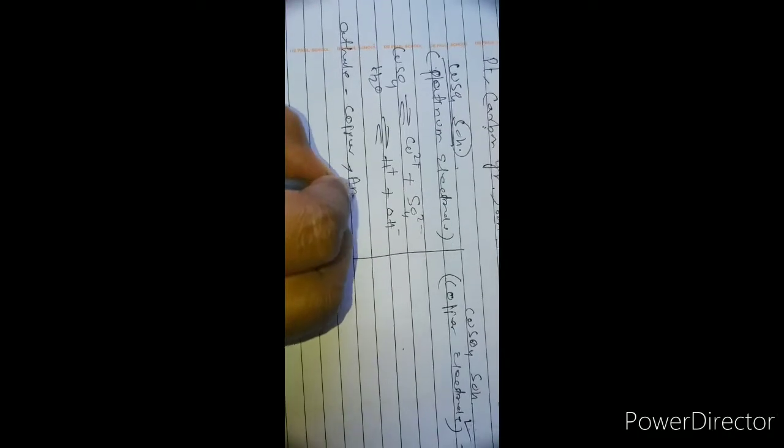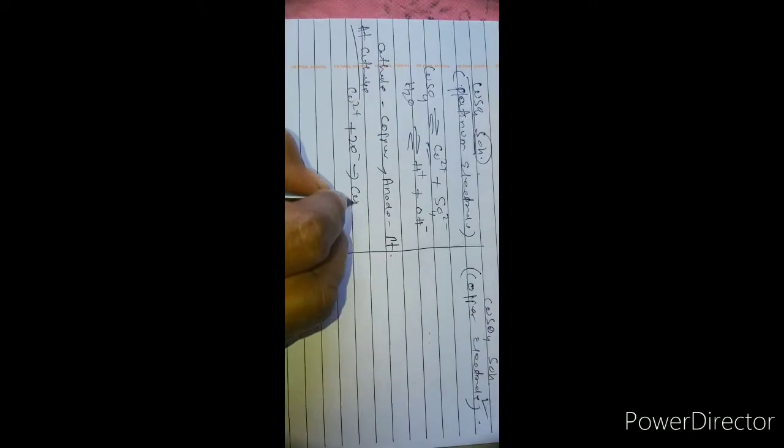So I am taking copper sulfate solution. What is the electrolytic dissociation? Copper 2 plus, sulfate 2 minus, and water gives H plus and OH minus. Here what electrodes have I taken? Cathode I have taken as copper electrode, and anode I have taken as platinum electrode.